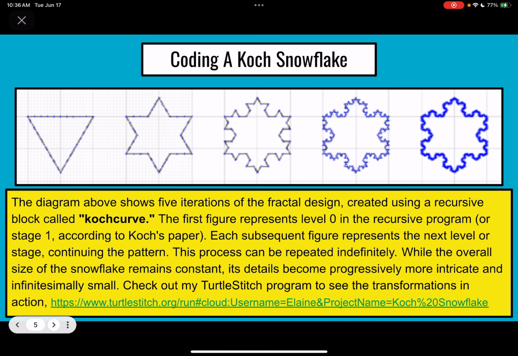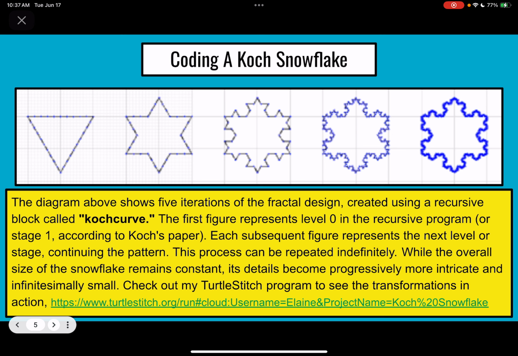Coding a Koch snowflake. The diagram above shows 5 iterations of the fractal design, created using a recursive block called Koch curve. The first figure represents level 0 in the recursive program, or stage 1 according to Koch's paper. Each subsequent figure represents the next level or stage, continuing the pattern until level 4 is shown in the diagram above.